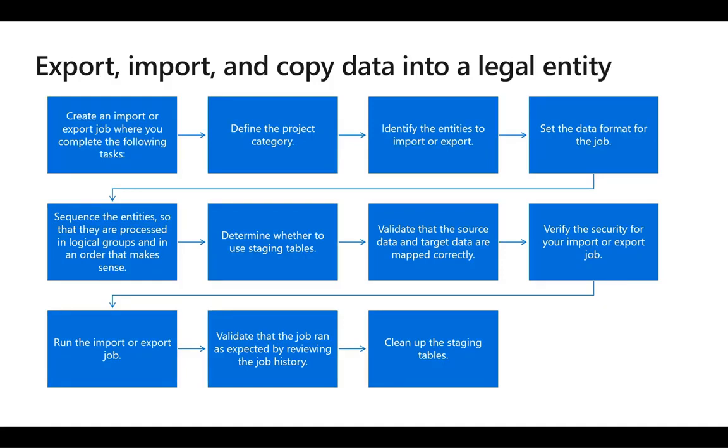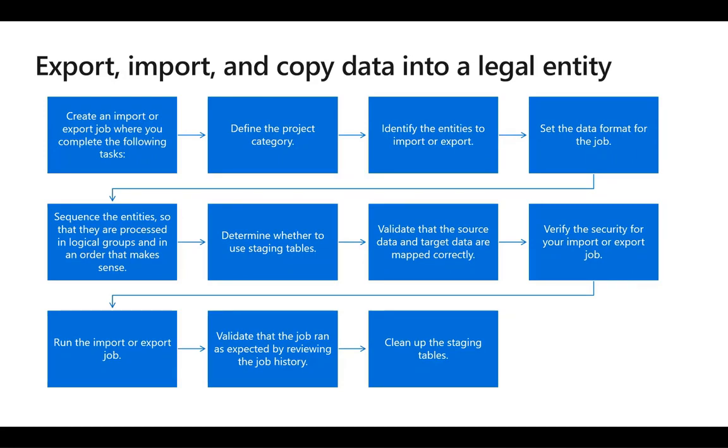Then validate and make sure that the source data and the target data are mapped correctly. After that, further verify and confirm the security for the import and export job.